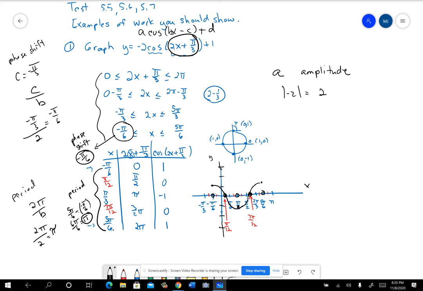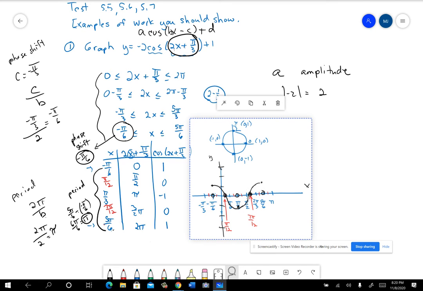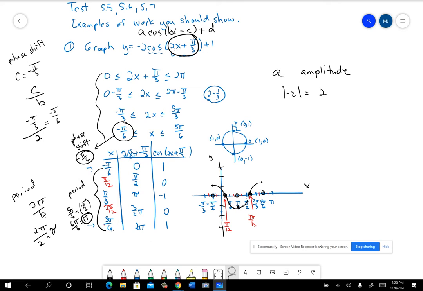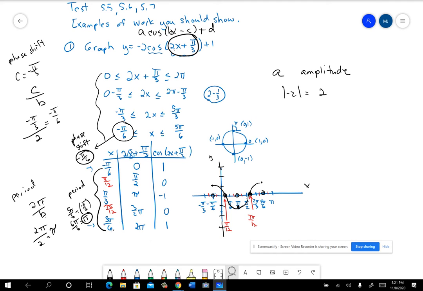And really, what's going to happen, let me see if I can move this. Let me see if I can grab it and move it over a little bit because I need a little more room there. Let me try again. Let me copy it and put it way over here.